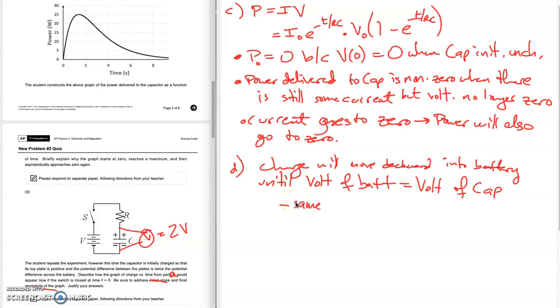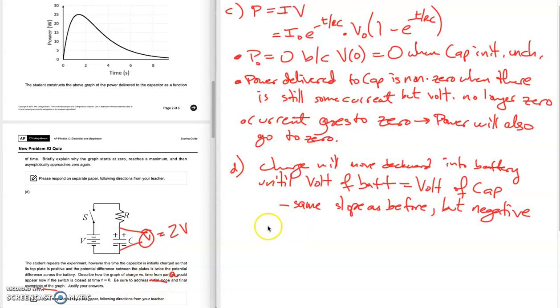So it'll be the same slope as before, but negative, because it's going in the opposite direction. So that's important point number one.